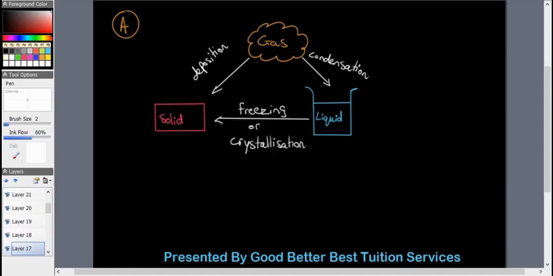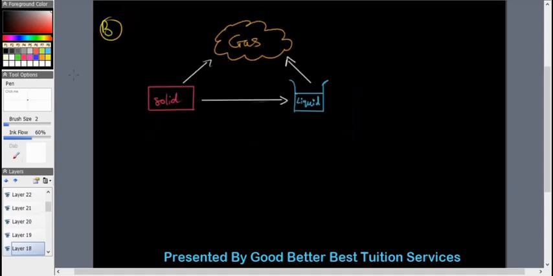Okay, this will be our first drawing. In exhibit B, we've just reversed the arrow processes now, trying to see if we go from a solid or liquid to a gas, and from a solid to a liquid. In exhibit A, we went from a gas to a liquid, or a gas to a solid, and then from a liquid to a solid.